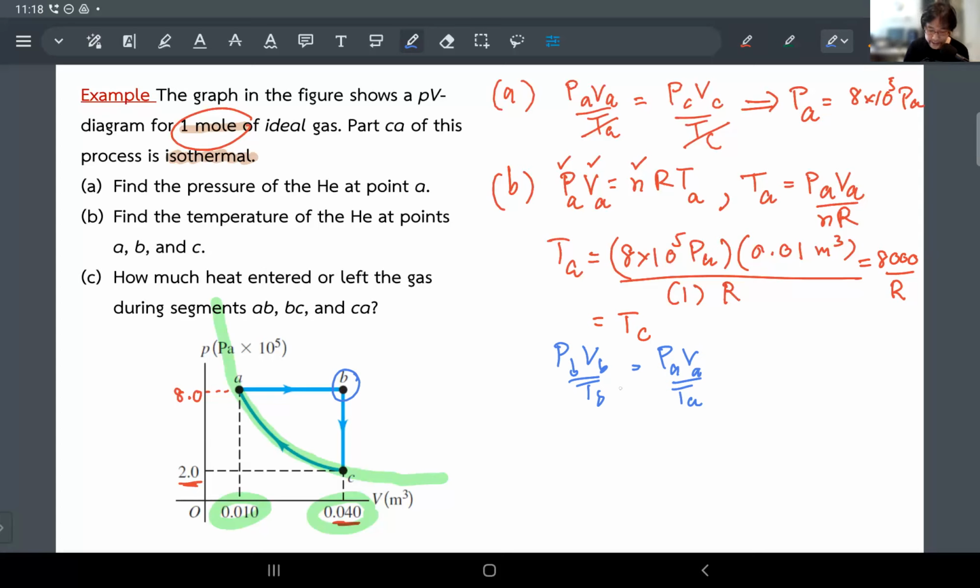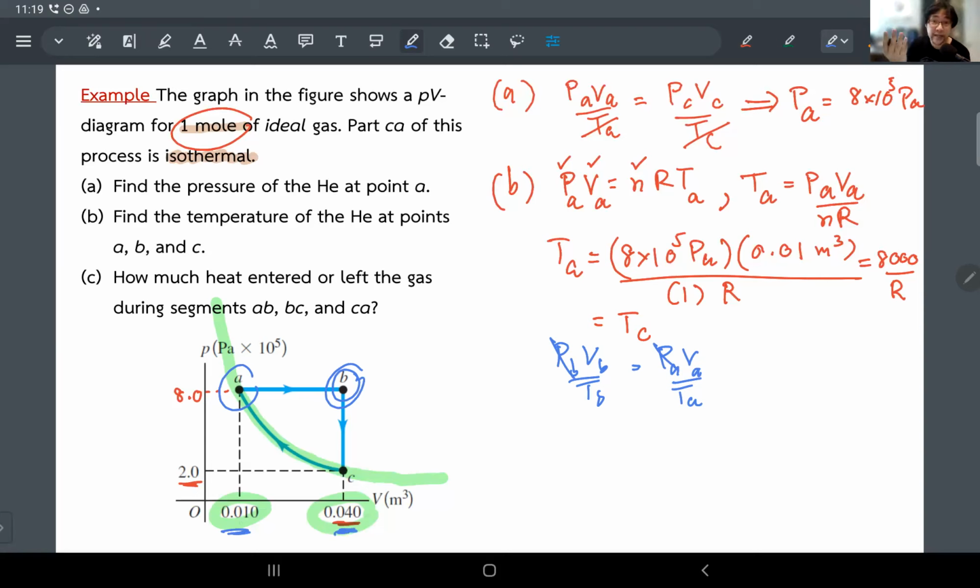Like for example, in my case, I'm comparing point A and point B. Pressures are exactly the same, so PB and PA cancel out. And then you just compare the ratio between the volume and temperature. Okay. All right. And once again, from A to B, the volume is 4 times bigger.